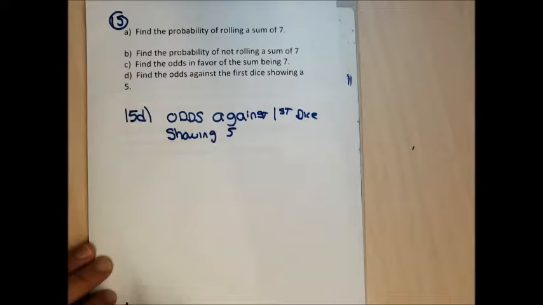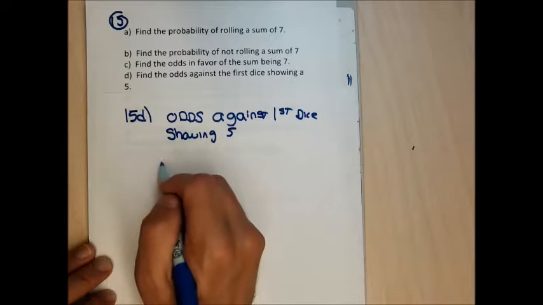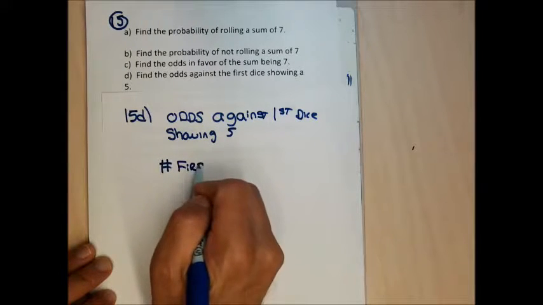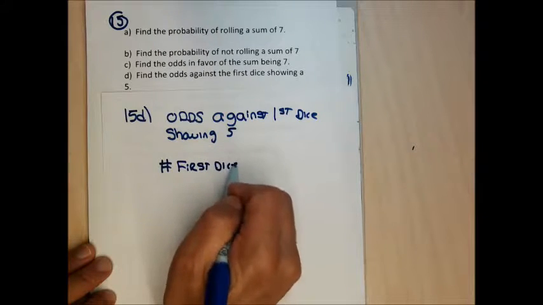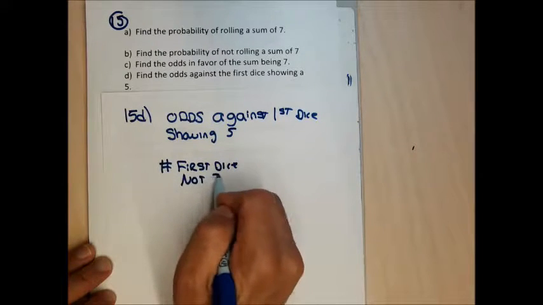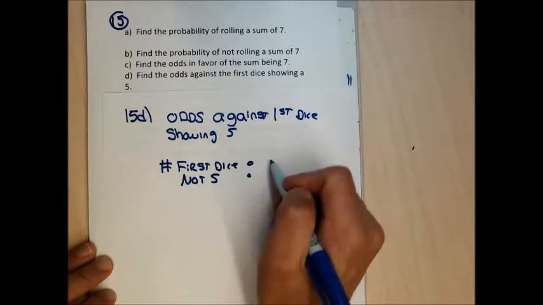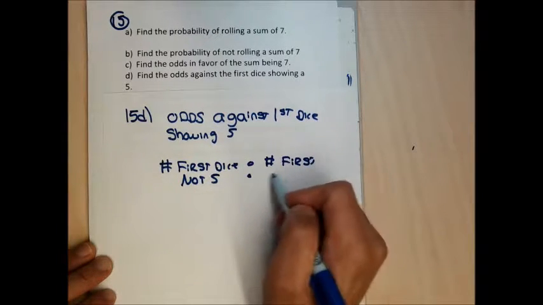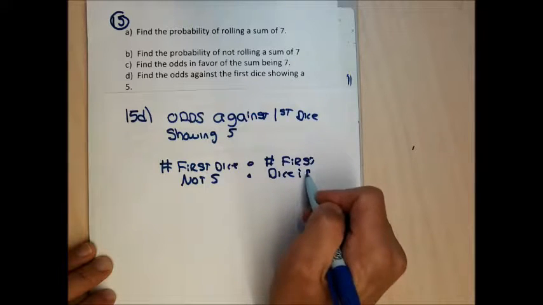So that means I need to separate the sample space into the number where the first dice is not a 5, followed by the number where the first dice is a 5.